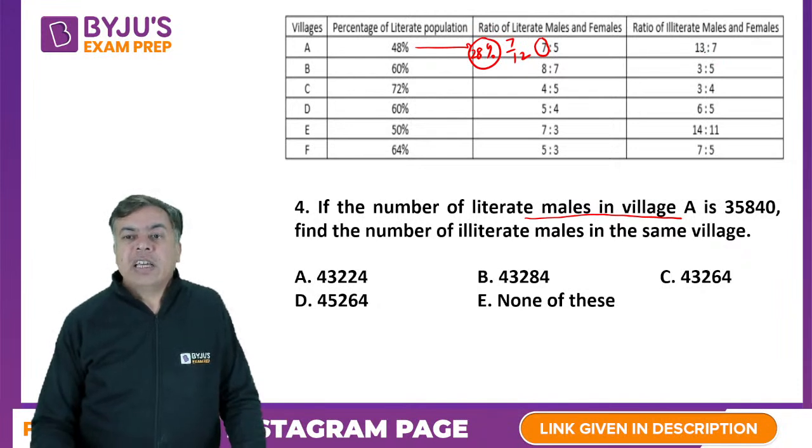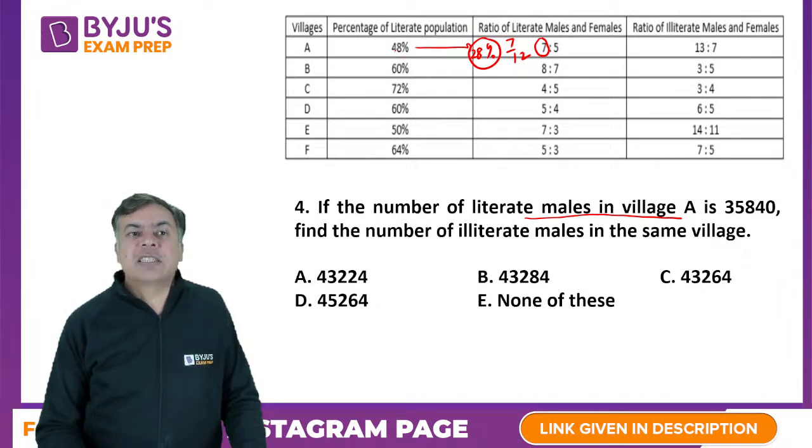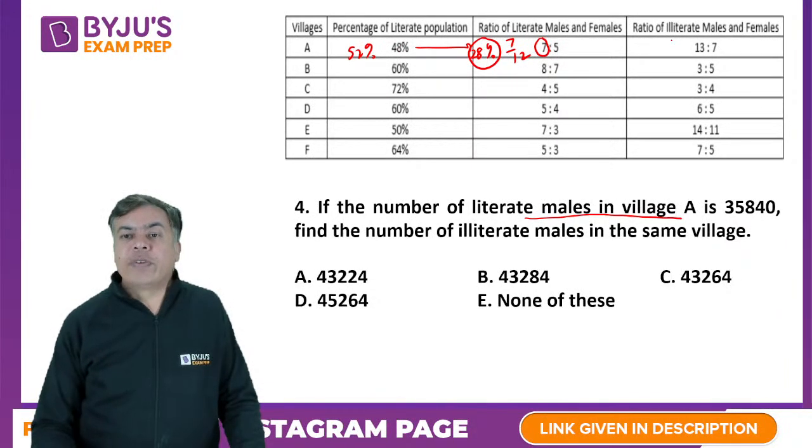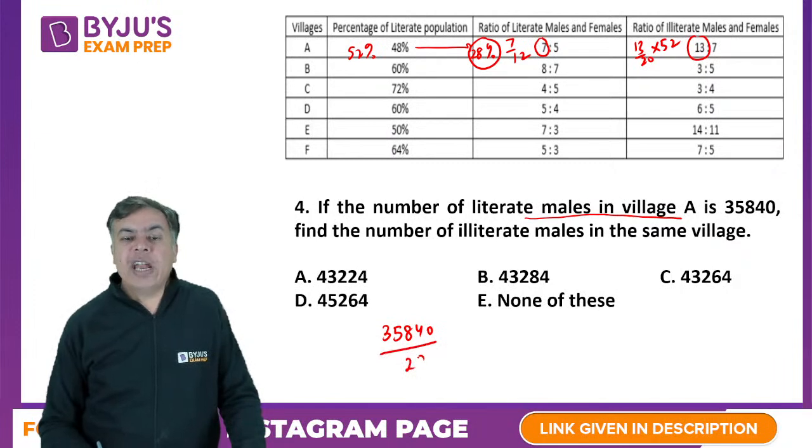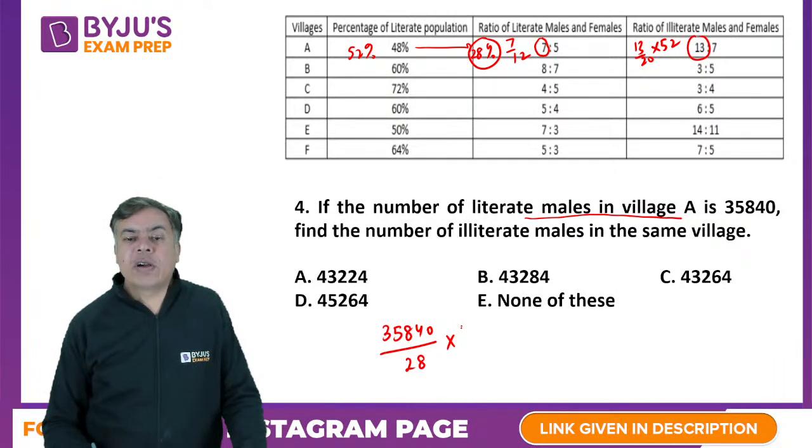Illiterate male: if 48% are literate, 52% must be illiterate. So 52%, it will be 13 by 20 of 52. So same thing: 35840 is 28%. I want to calculate 13 by 20 of 52.